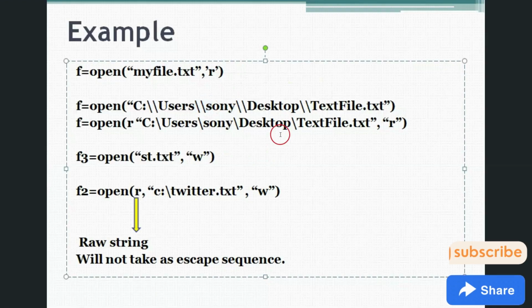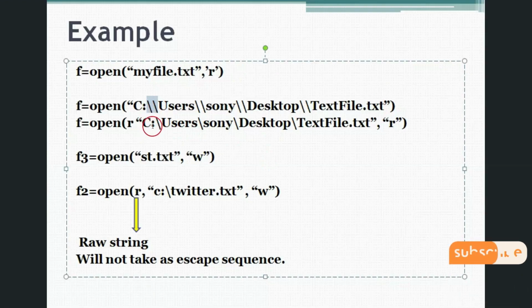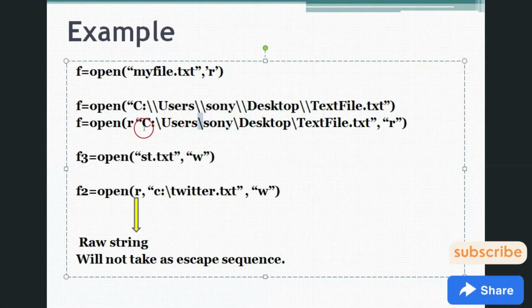So to nullify that escape sequence, you should put another backslash in front of that backslash. If you are not using double backslashes, and you are going to use only one backslash as you copy it from the file path, then you should use the raw string r before the string.